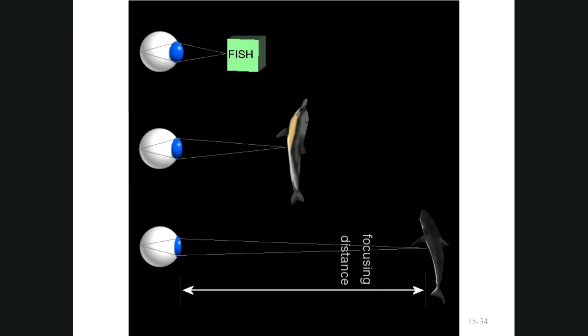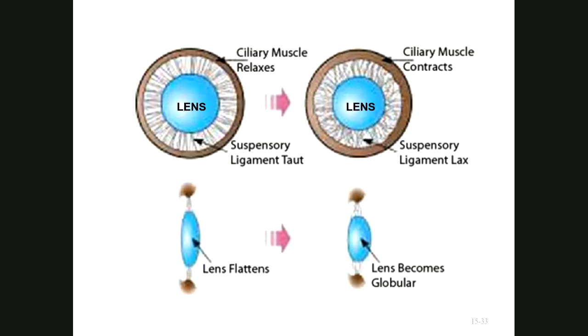Well, the lens is a little bit like the kind of thing that you might have for a microscope or a hand lens or something. So if you think about a magnifying glass, you probably have had one of these when you were a kid. It might have had a handle on it and you went around looking at things and stuff like that.